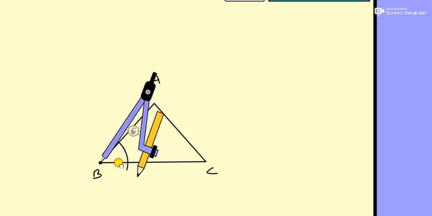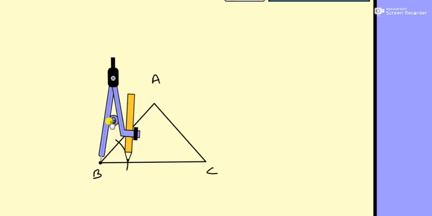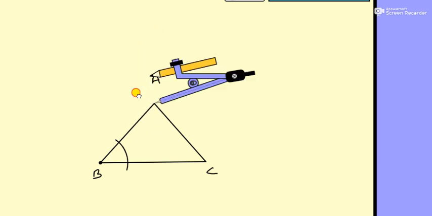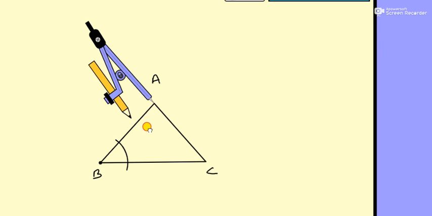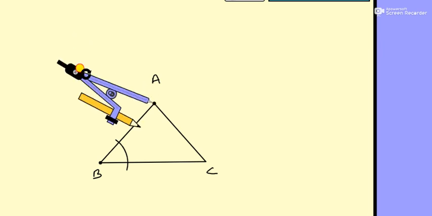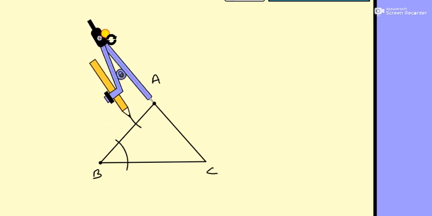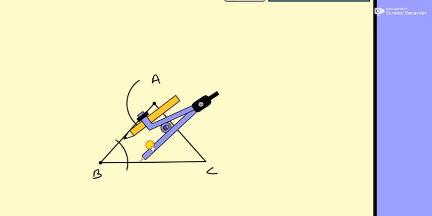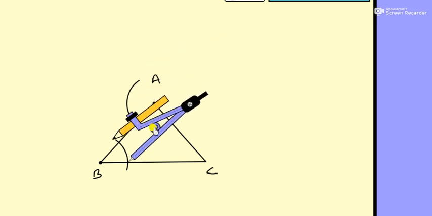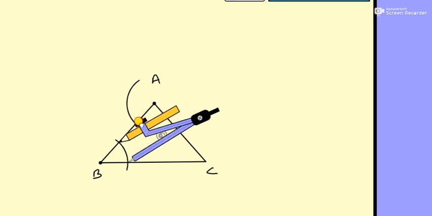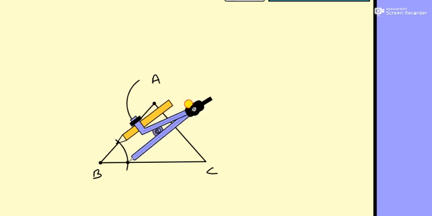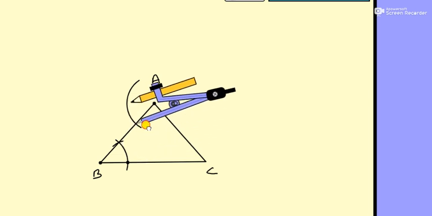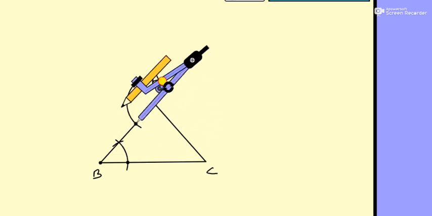So once again, take the same distance and keep the distance fixed in your roundel. Now make another arc like this. Once again, take the distance of this one. Now do the arc, and from here make another arc like this.